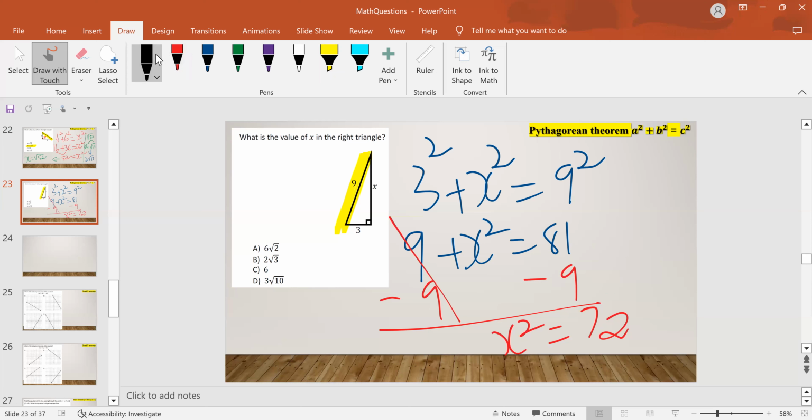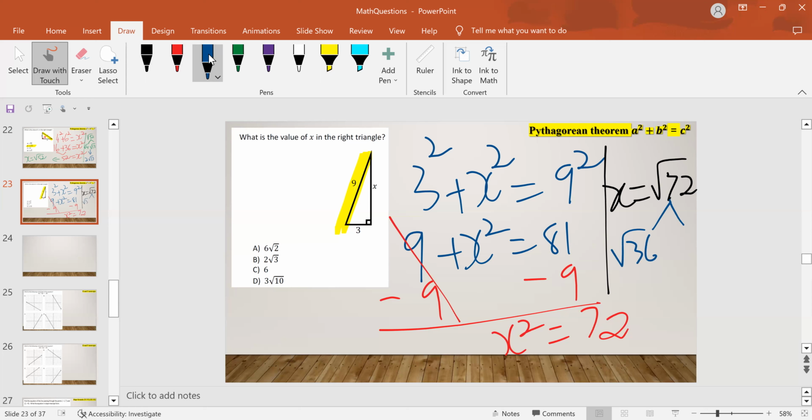Now we need to break it down. To find x, we have x is equal to the square root of 72. So look, we need to break down this square root of 72. For that, do you know that the square root of 72 is the same as the square root of 36 multiplied by the square root of 2?